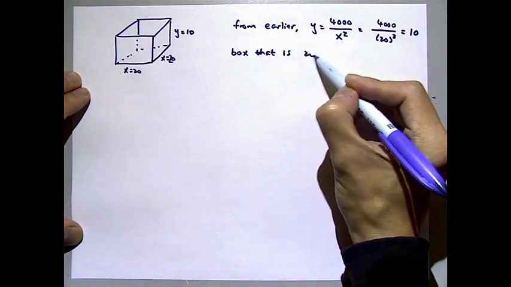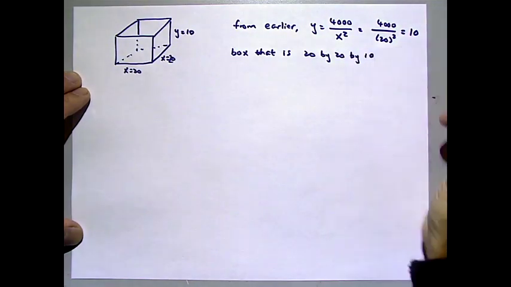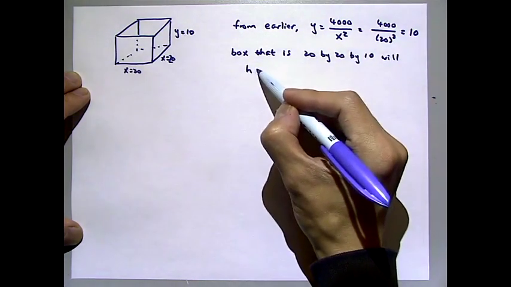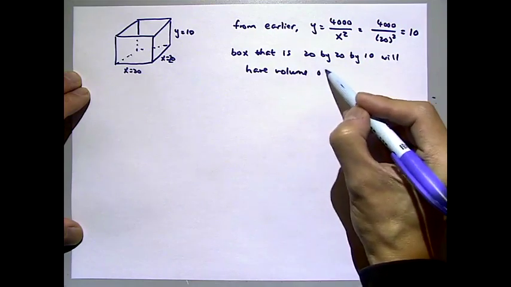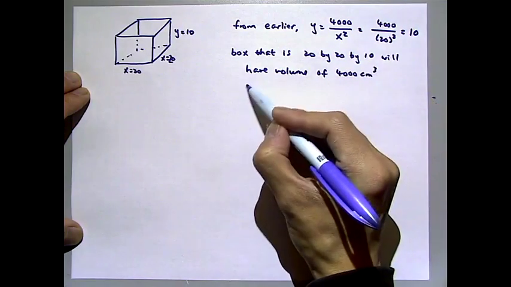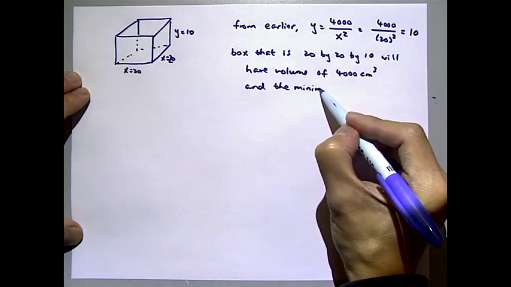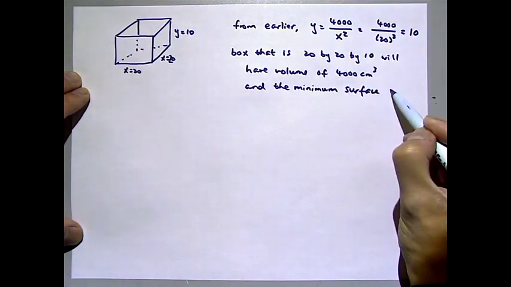A box that is 20 by 20 by 10 will have the required volume of 4,000 cubic centimeters and the minimum surface area.